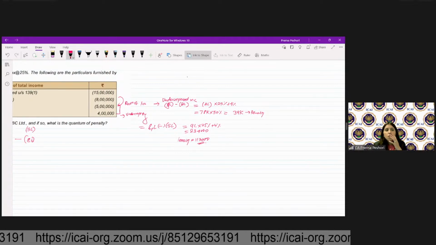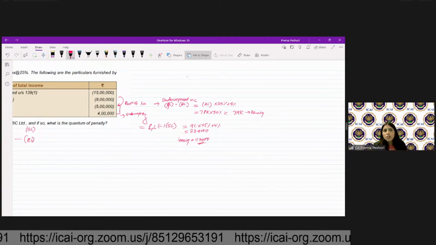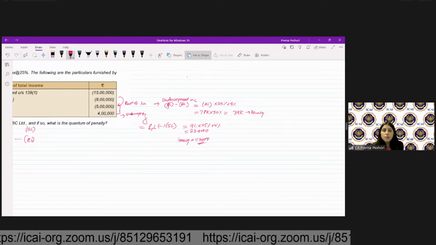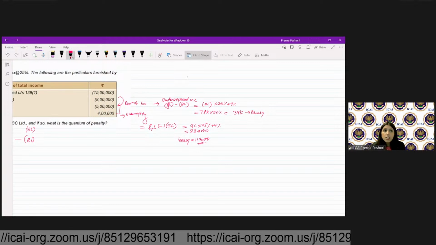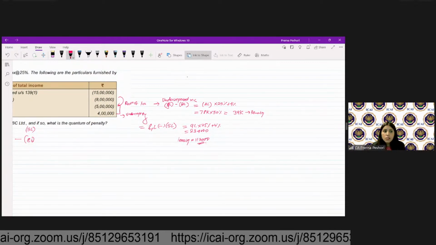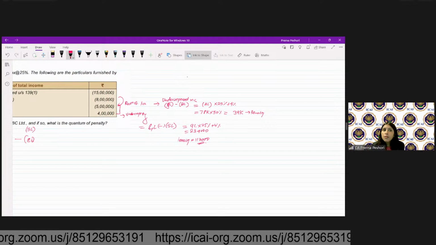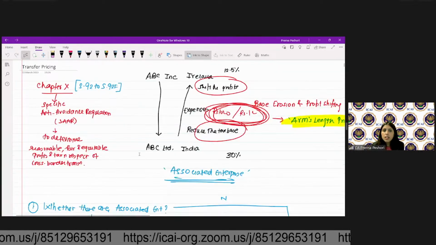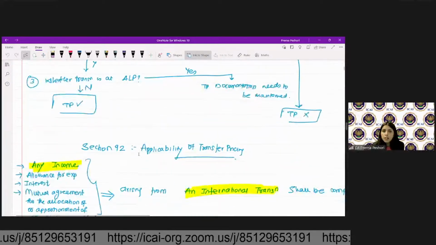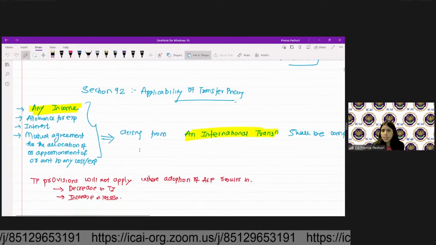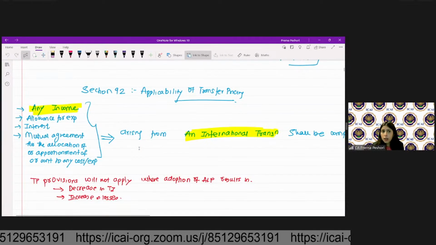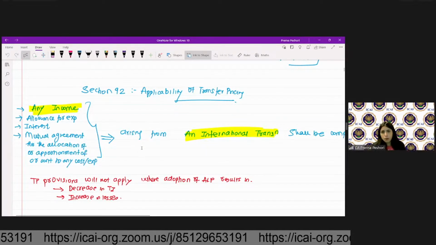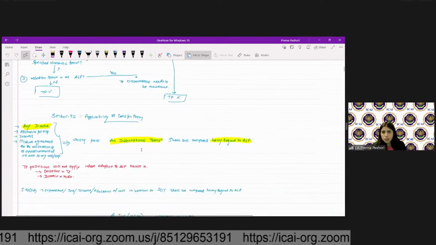Okay. Now we'll move to the transfer pricing class and the international tax class, basically to revise that. That is also something we will be able to solve in the next class. So for transfer pricing, what are the conditions? Applicability of transfer pricing: it is on any income, allowance for expense, interest, or any cost sharing arrangement arising from any international transaction.